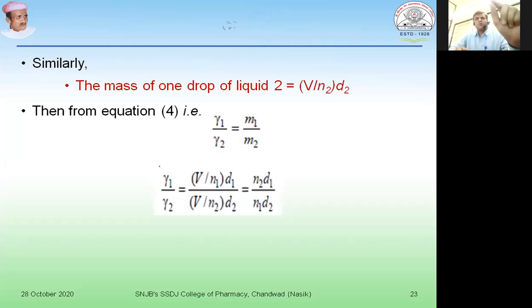V, the volume of the liquid, divided by N1, that is the number of drops. So here we put the values of M1 and M2 into the equation, that is gamma 1 by gamma 2 is equal to V upon N1 into D1 divided by V upon N2 into D2, where V remains constant and it will be nullified because we have kept the same stalagmometer.